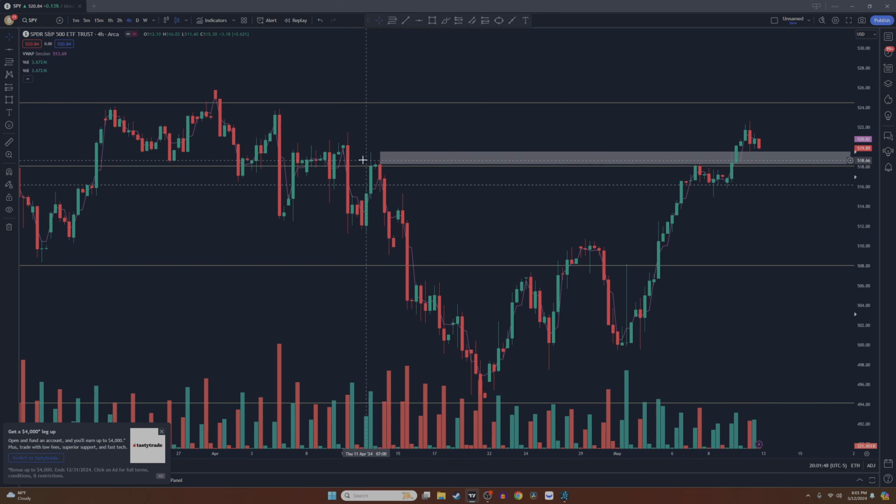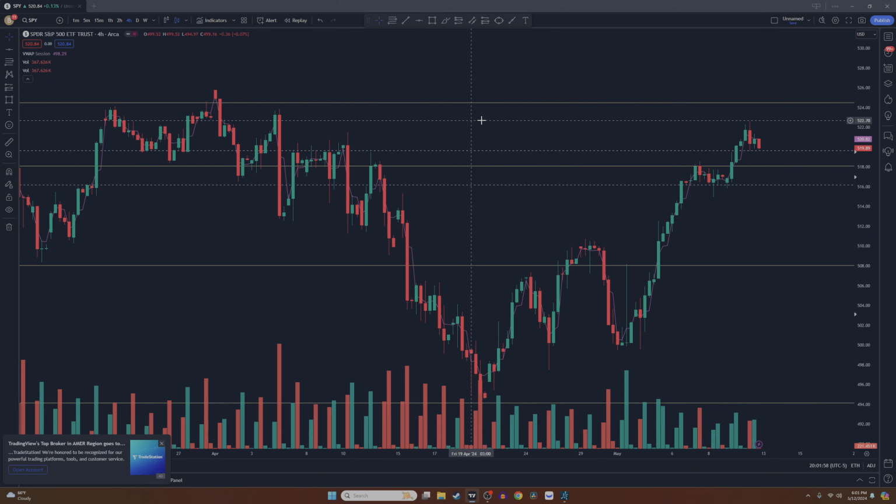This area kind of serving as a support here. So I'm gonna add a small one here just to have it available. I'm gonna zoom in a little bit. Apologize about that. I'm zoom in a little bit more and just find out what it is that we're looking at.